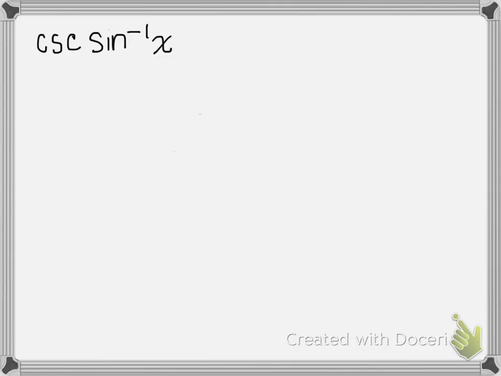Well, how do we do that here? Maybe let's look at another one. What if I said the cosecant, and what if I didn't have a convenient value? Like I just had rad 2 over 2, which is a convenient value that's on a unit circle. But say I had, I don't know, 17 over 4.